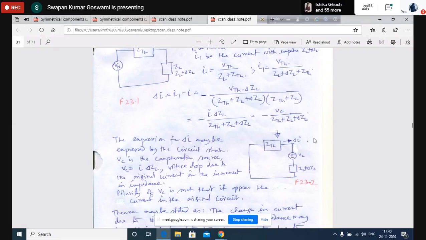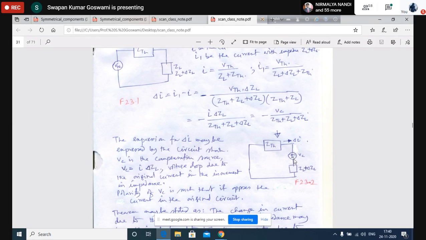ZL plus delta ZL is the resultant impedance of the branch. So now we can find the change in current from this circuit directly. Or you can say that to find the current due to the change in the branch impedance, we shall have to put a compensation source in that branch where the impedance has been changed.